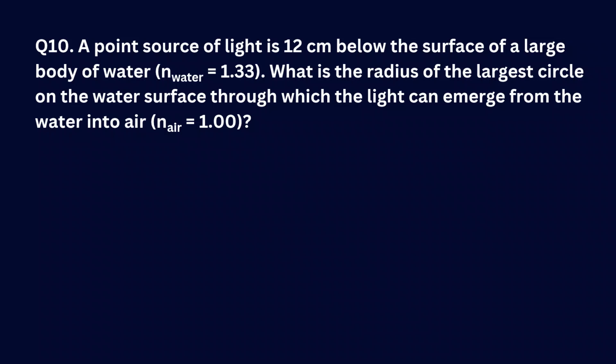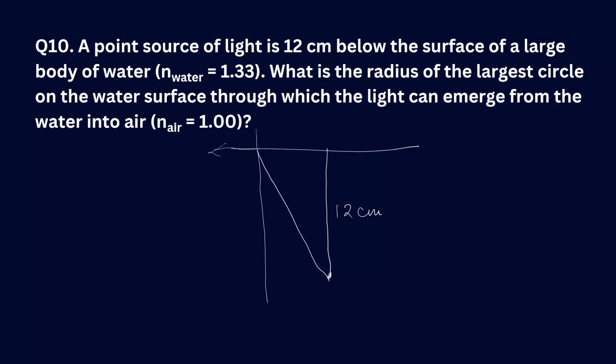So maybe better is to draw the diagram. This is what is given, 12 centimeter. So you have a light. This is the critical angle here, and this is 90 degree.